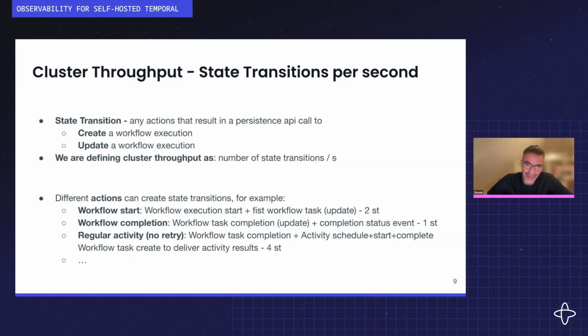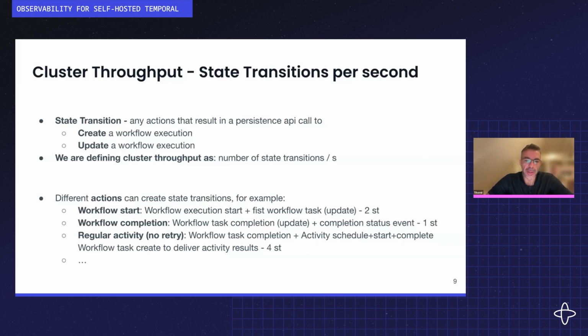And as you can already tell, this is also highly going to depend on your persistence store and other things like that. As far as what creates state transitions, create workflow execution is pretty self-explanatory, but updates, for example, workflow completion is an update, regular activity execution is an update, things like that.